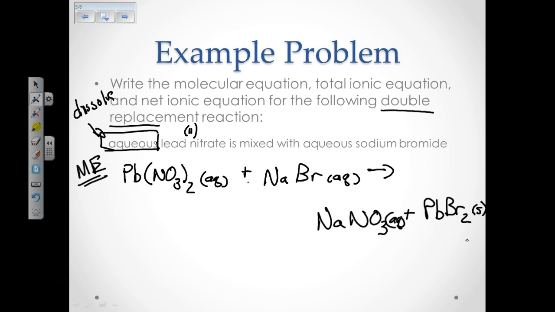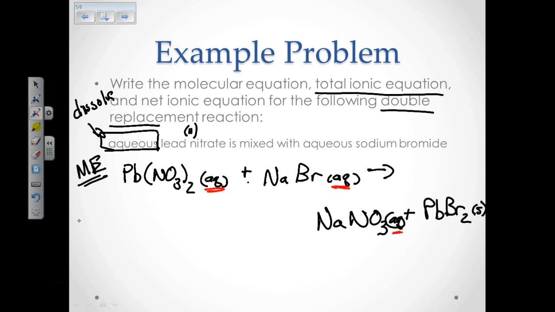It shows how the molecules are reacting. But we want to write a total ionic equation, which shows how the ions are acting. The shortcut is that anything aqueous, we split into its ions, because aqueous things are broken up by water and the ions act independently of each other.